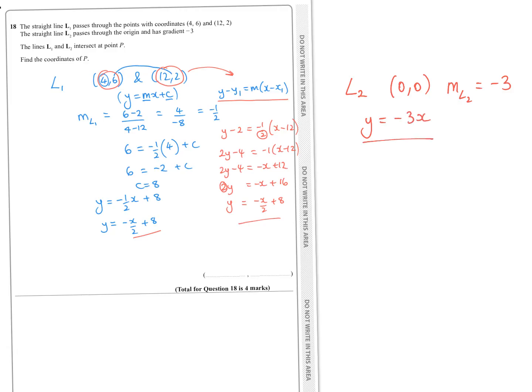Now we want to know where they intersect. So from here, we had y was equal to minus x over 2 plus 8. Here we have y equals minus 3x. So yes, we just put them equal to each other. Times both sides by 2 here.